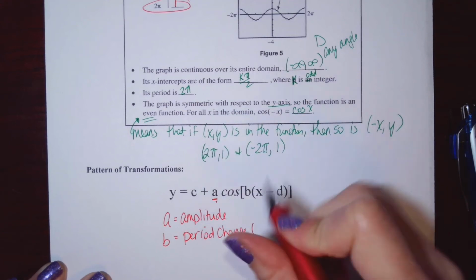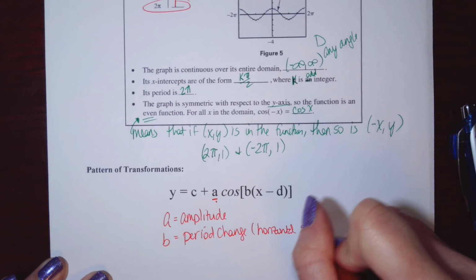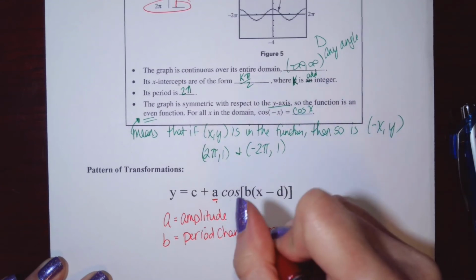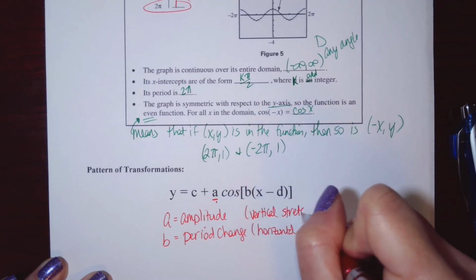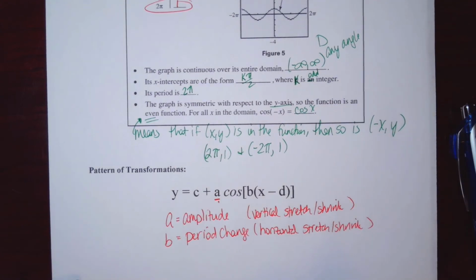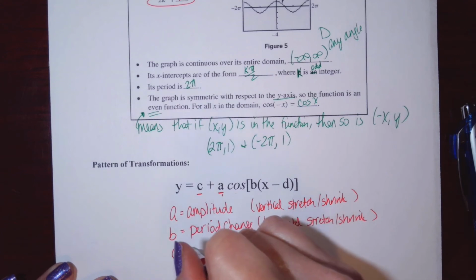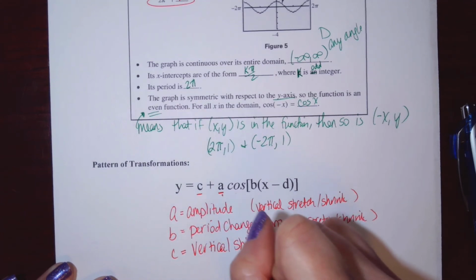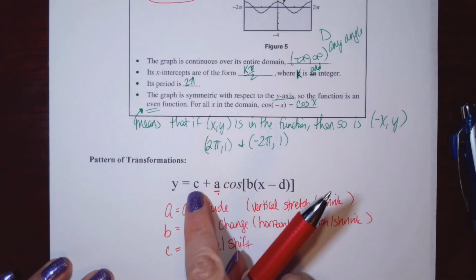We can also call that a horizontal stretch or shrink, where my amplitude was a vertical stretch or shrink. C is my vertical shift. So I will move center away from the x-axis if I have a value for C.